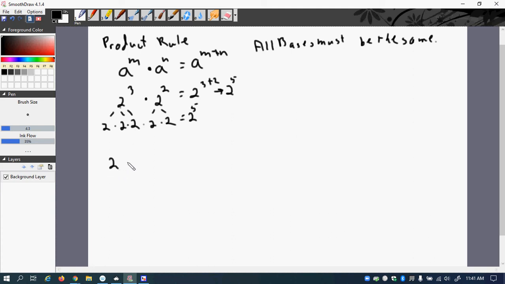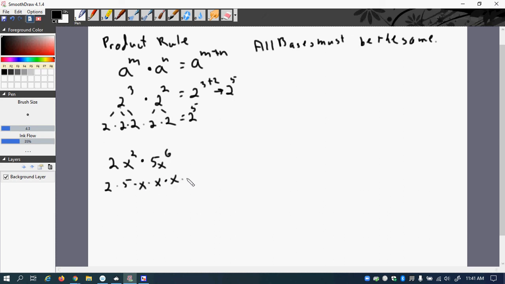Let's say we have 2 to the x, and the power on the x is a 2. And then we have 5x to the 6. Well, the only ones that have any exponents are the variables here. So that means it's going to be 2 times 5 times, and I've got 2 x's, and then I have 6 here.